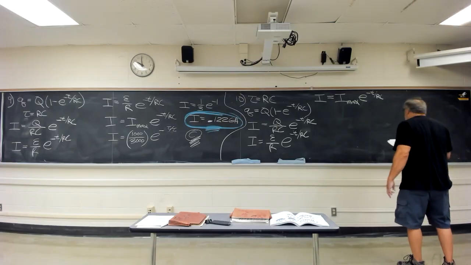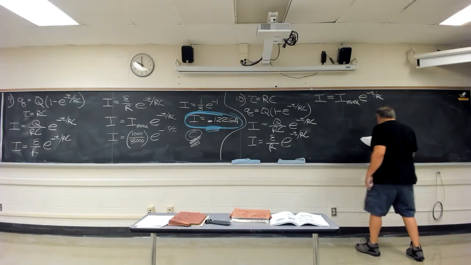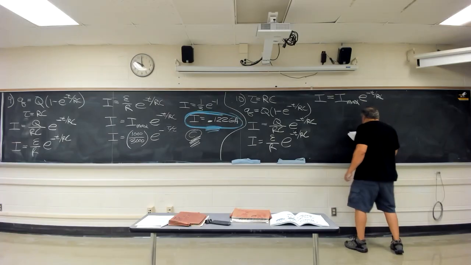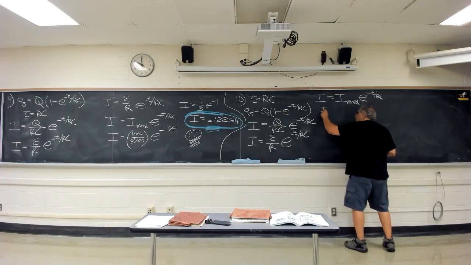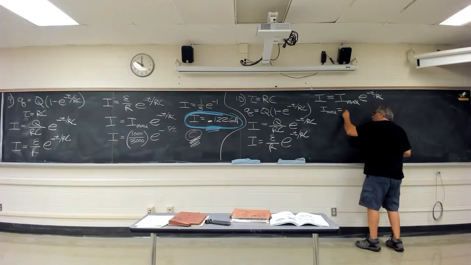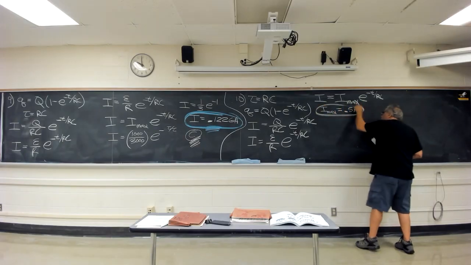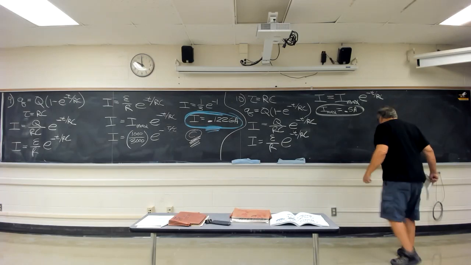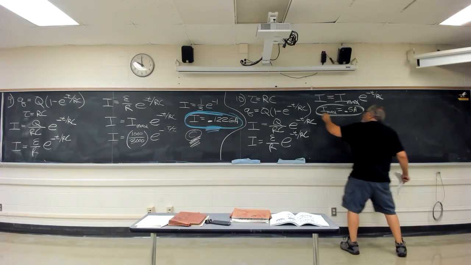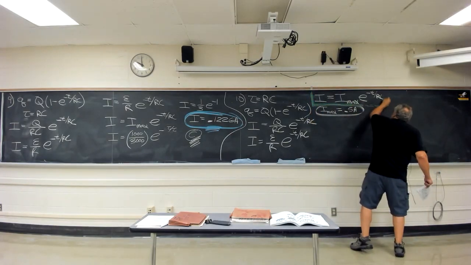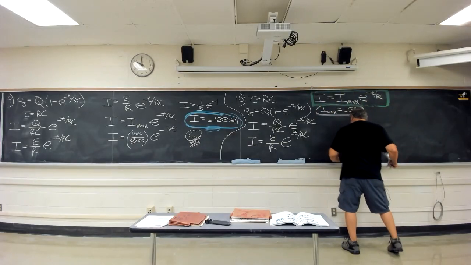We will say, the way this is going to play out here, I guess you could say, they told us that I max was 500 milliamps. That's 0.5 amps. Let's make everything agree with the MKS system of units. So we got that. We're leaving this up here because it's going to get us to a lot of things, but there's still more things we have to do, quite a few.